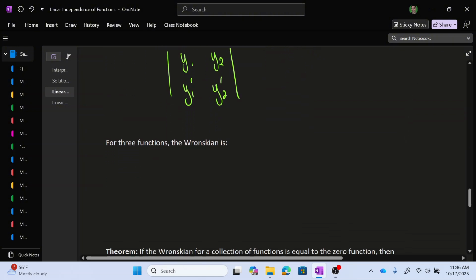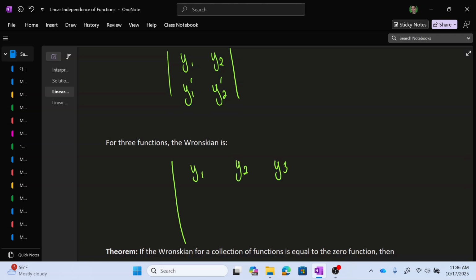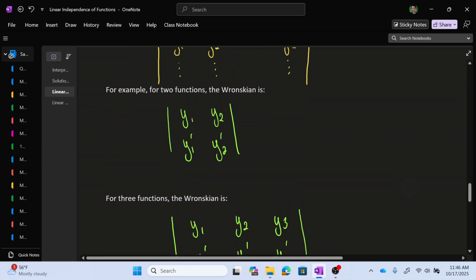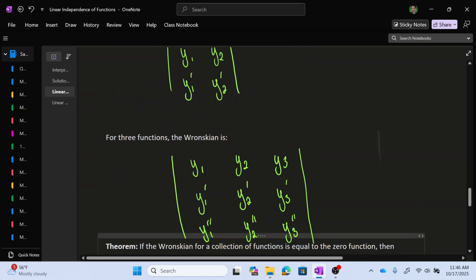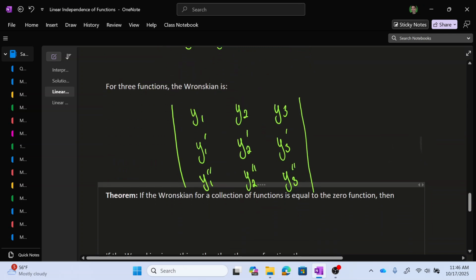If you have a collection of 3 functions, then the Wronskian is going to be the determinant of a 3 by 3 matrix, 3 functions, and 3 rows, the original functions, the first derivatives, and then the second derivatives. And this will be the situation that we focused on most in this class, just a 2 by 2 Wronskian and a 3 by 3 Wronskian.